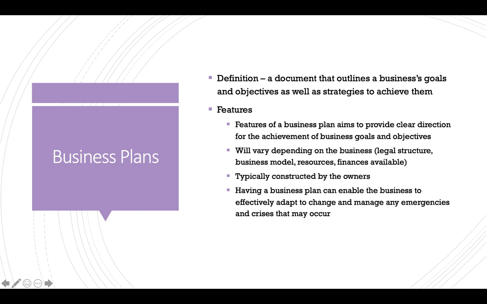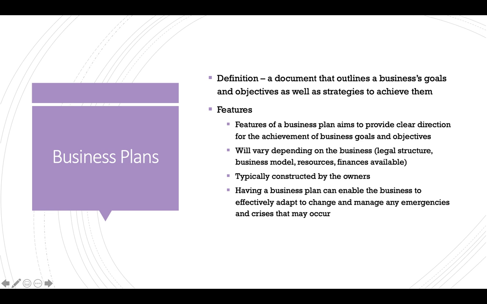The features of a business plan are going to vary, okay, depending on what type of business you are running, based on your legal ownership structure, based on whether you're online, a physical store, a service business, manufacturing business, and how much money you have available will influence what your business plan looks like.